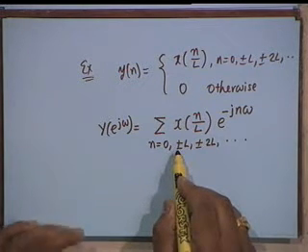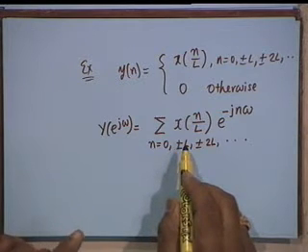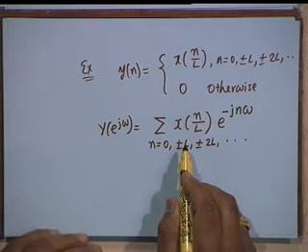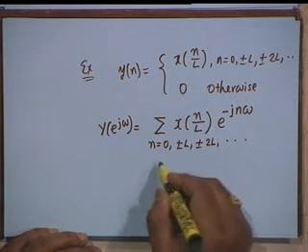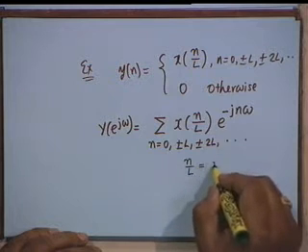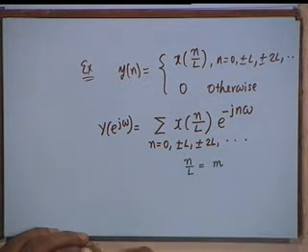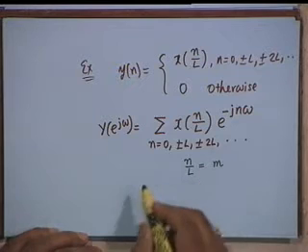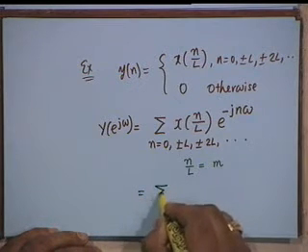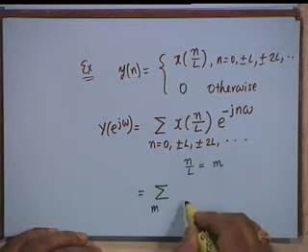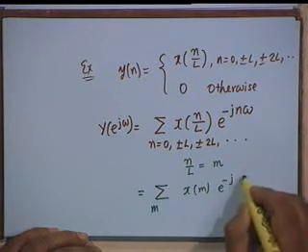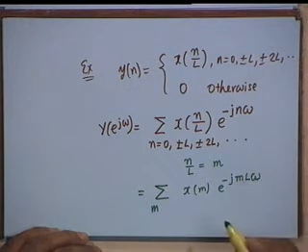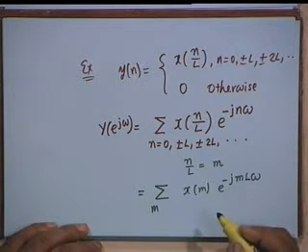What are the in-between samples? The L minus 1 zero samples, they will contribute 0 to the summation. And to see what this summation leads to, let us put n by L equal to m, some other quantity which is an integer, okay. Then my summation is on m, x[m] e to the power minus j m L omega, right?